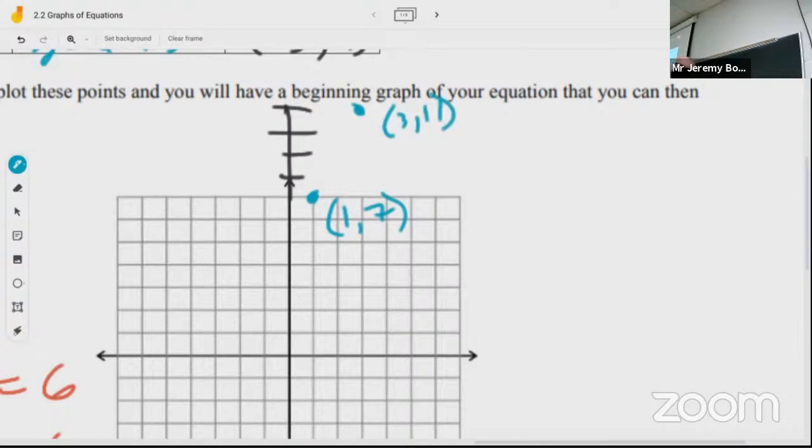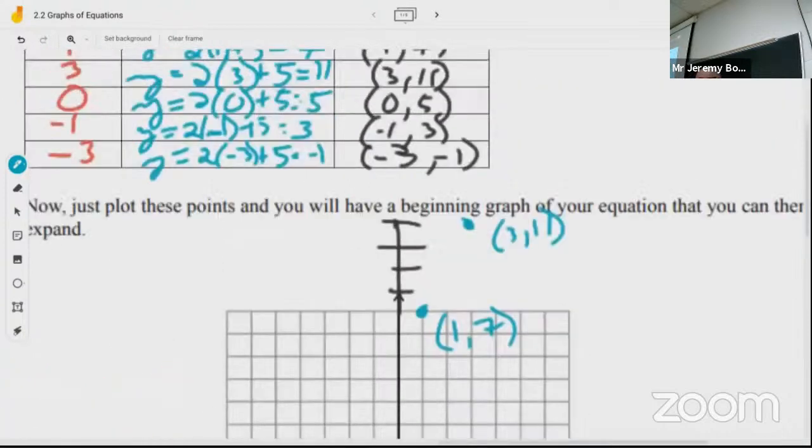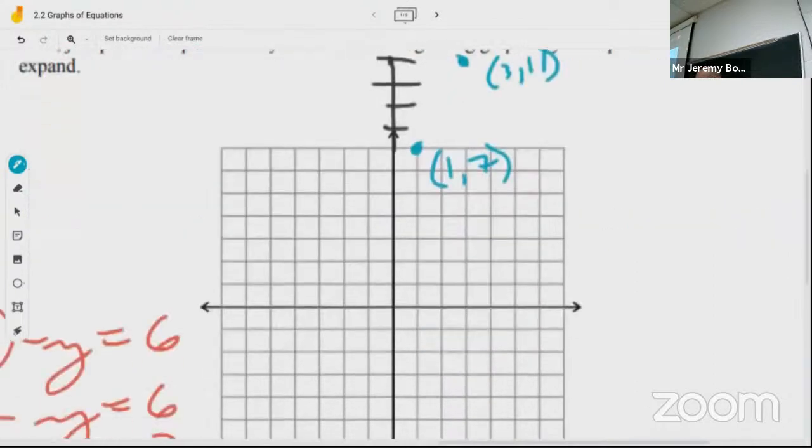Because if you're doing this on my math lab, you wouldn't be able to put that point. They limit you to what the graph shows. So we'll figure out some way to get another point if we need it. Or I'll show you anyways. We got 0, 5. So that means it's along the y-axis because x is 0. So 1, 2, 3, 4, 5. Nope, I'm supposed to label it.